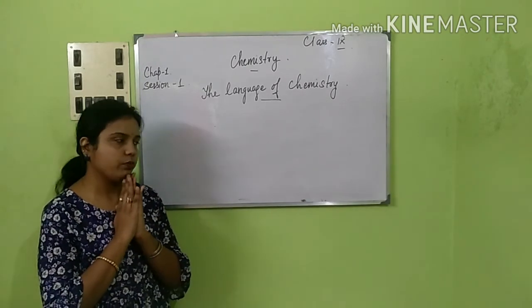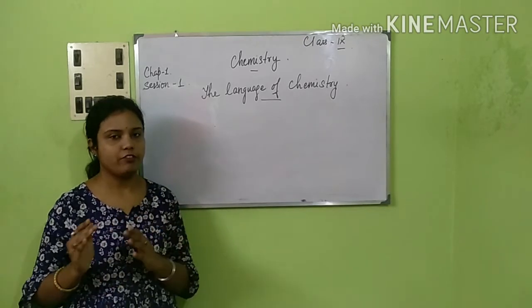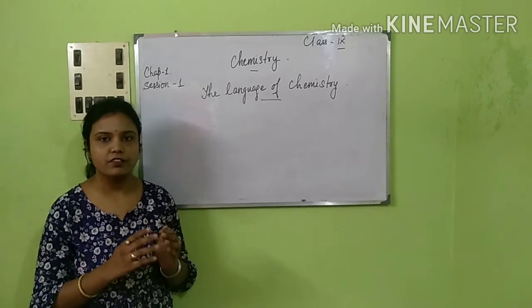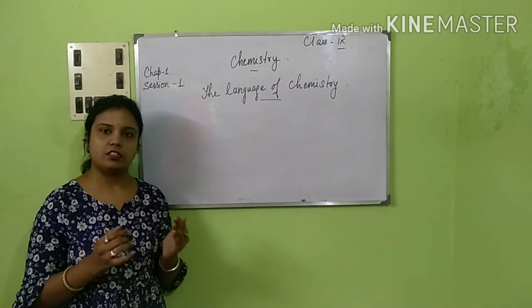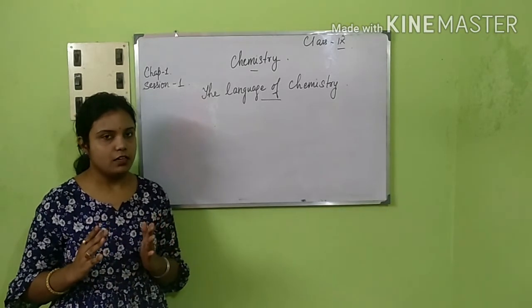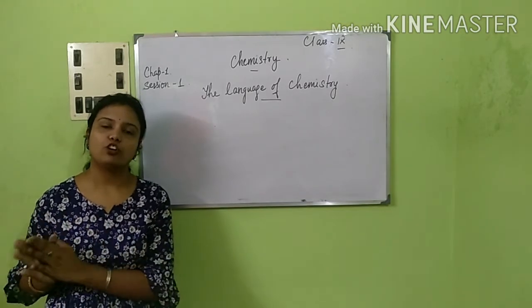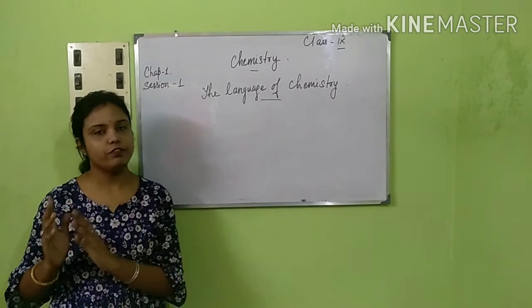Now I am going to discuss relative atomic mass and relative molecular mass. What is relative atomic mass? Relative atomic mass is the number of times the atom of an element is heavier than 1/12 the mass of an atom of carbon.